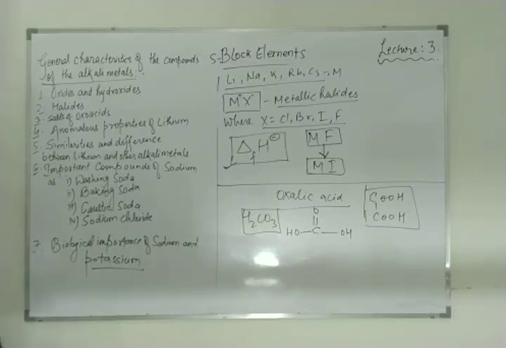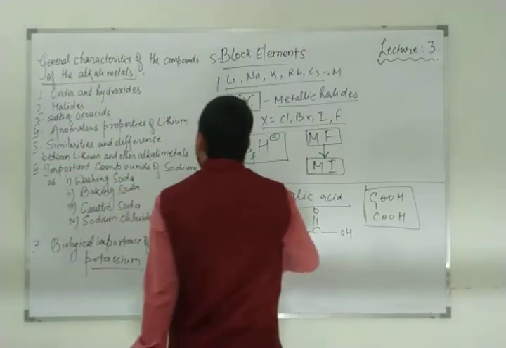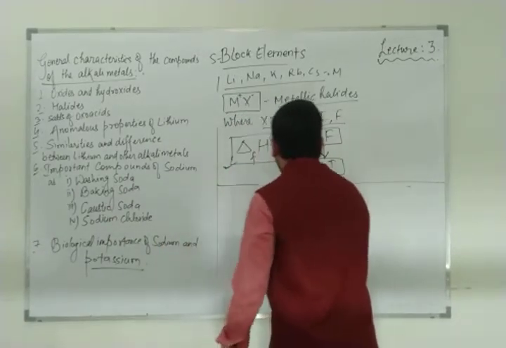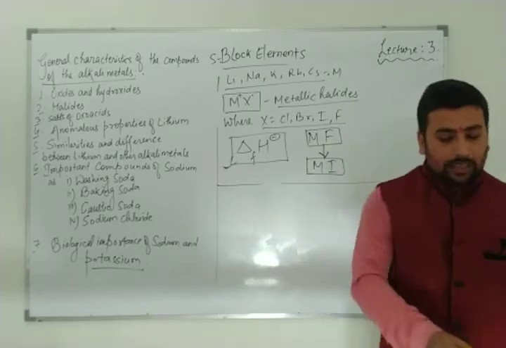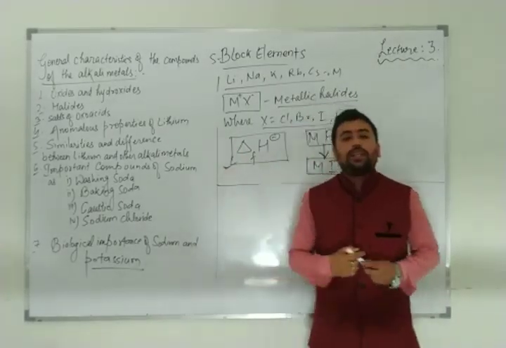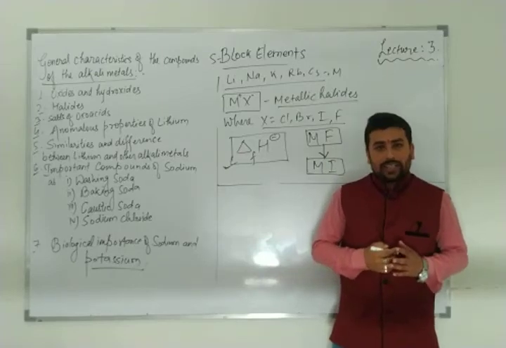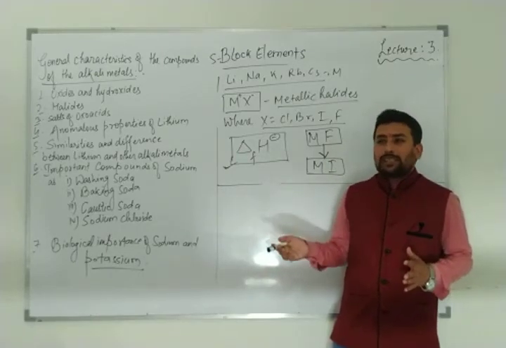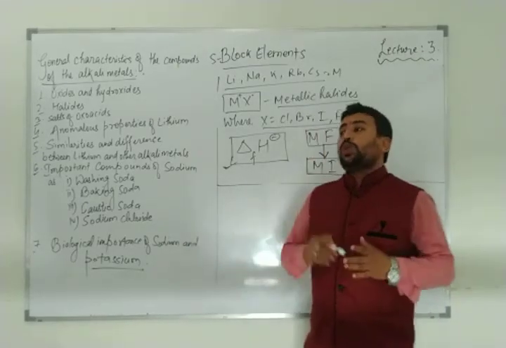So dear student, first of all about the oxoacids, you should remember that oxoacids means oxalic acid, carbonic acid, sulfuric acid. These give the formation of salts like sodium bicarbonate, NaHCO3, sodium carbonate, lithium carbonate. Now the question is which one is stable?